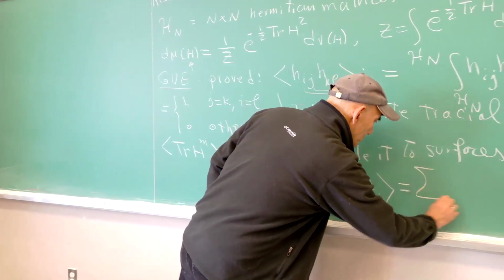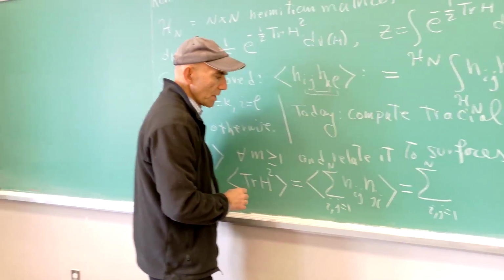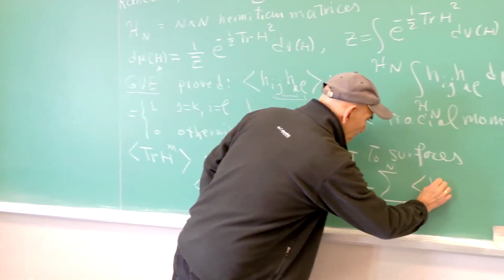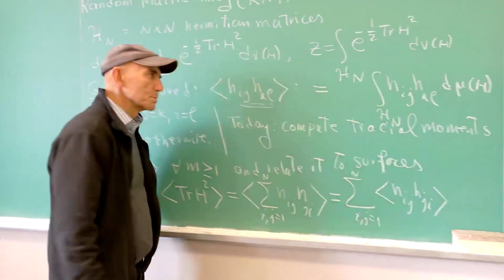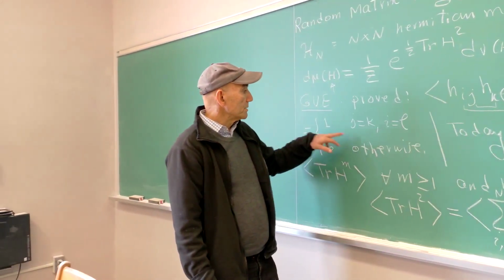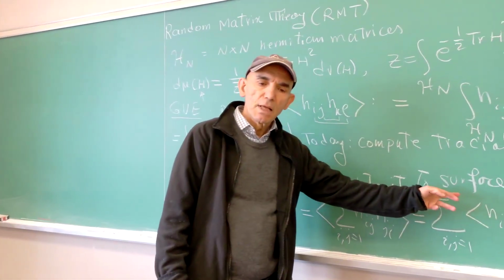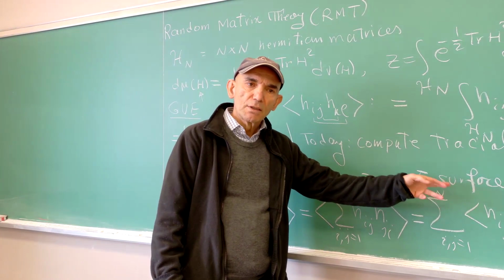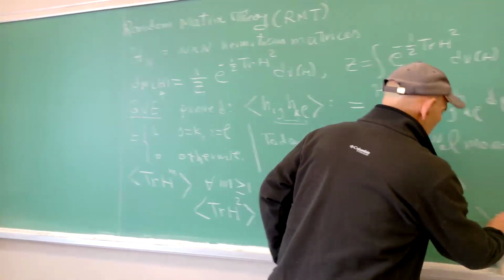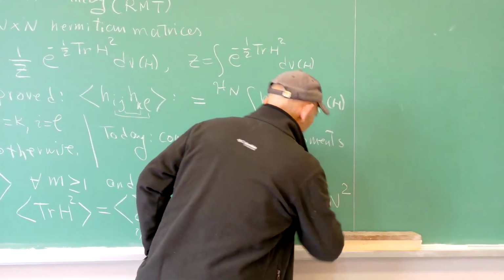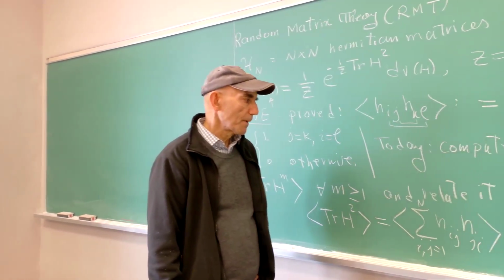This is the sum over all i, j from 1 to n of the expectation values of H_ij H_ji. And by the result that I wrote here, each of these terms is just 1. So when we add them, we are going to get n squared. So this result is n squared.